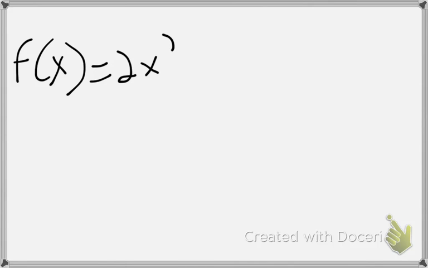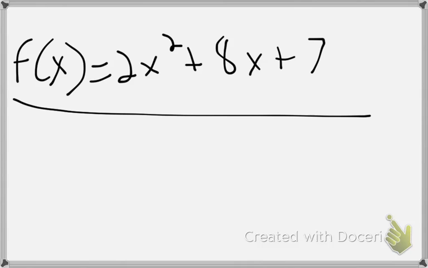So sketch the graph of f of x equals 2x squared plus 8x plus 7, and identify the vertex and the axis of the parabola. So let's begin. We have f of x equals 2x squared plus 8x plus 7.